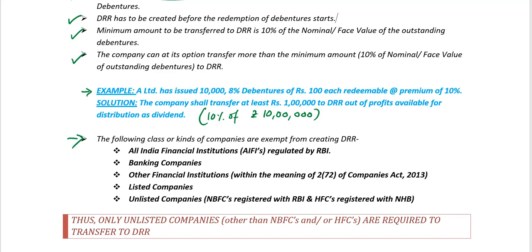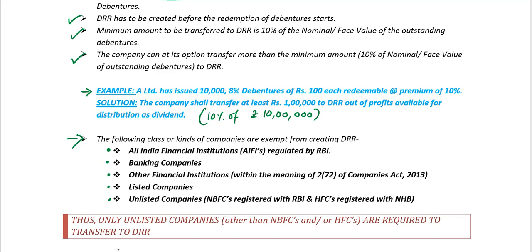Now we'll check out the classes or kinds of companies which are exempt from creating DRR. All India financial institutions regulated by RBI, all banking companies, all other financial institutions within the meaning of section 2(72) of Companies Act 2013, all listed companies, and those unlisted companies, that is the NBFCs, non-banking financial companies registered with RBI, and housing finance companies registered with National Housing Bank.